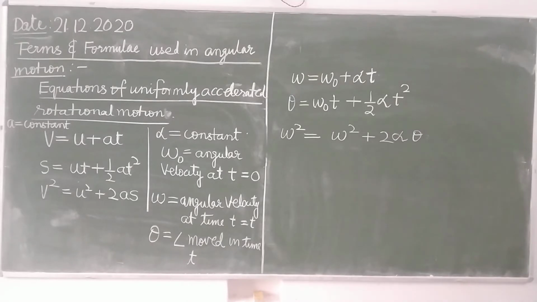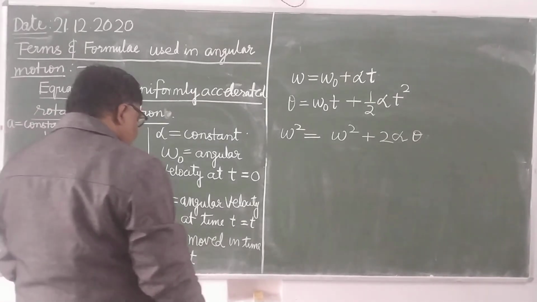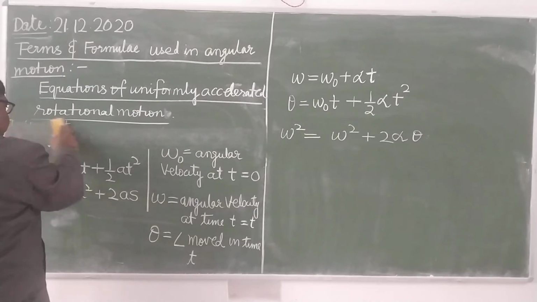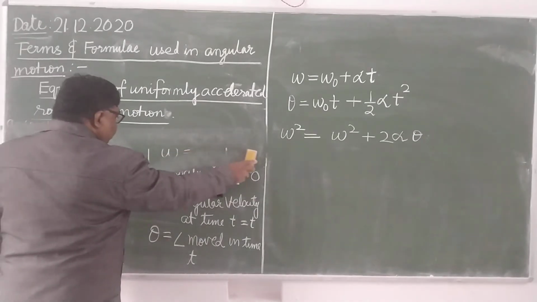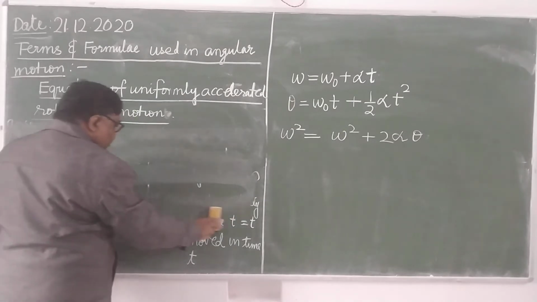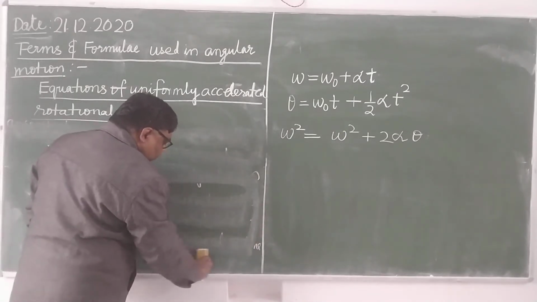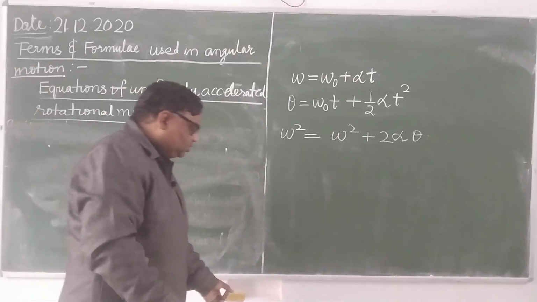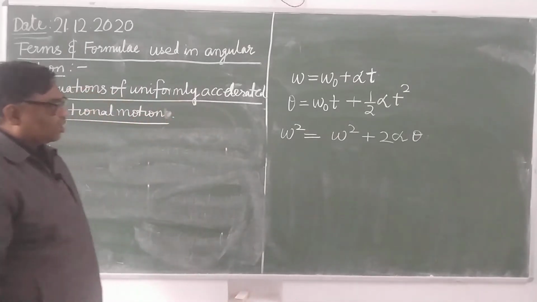Now we are going to derive these equations. So first, see the first equation. Here we have assumed that there is a body which is free to rotate about an axis, moving with a constant angular acceleration alpha and having the initial angular velocity omega naught.